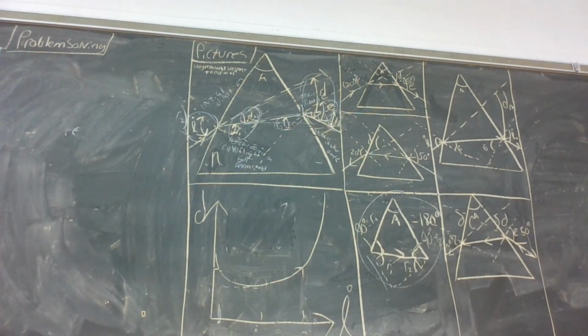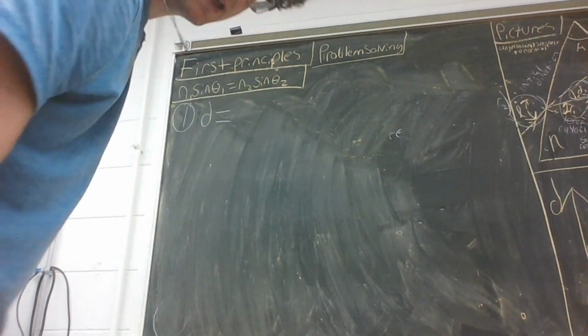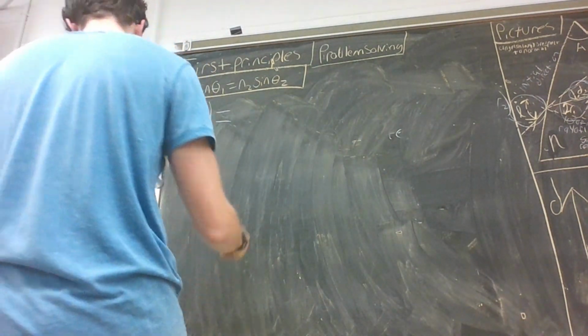So the total angle of deviation D is D1 plus D2.